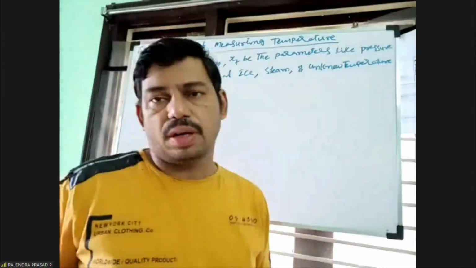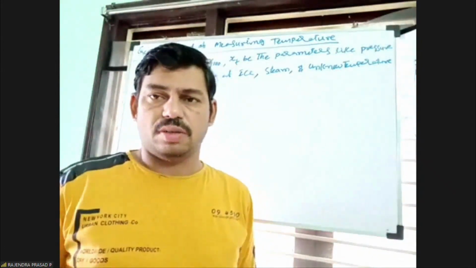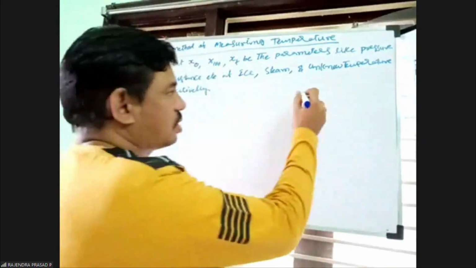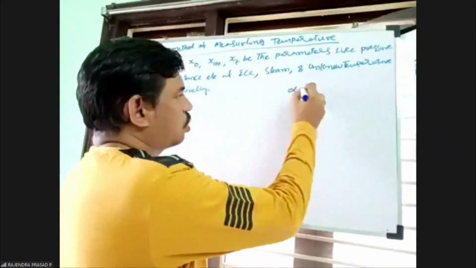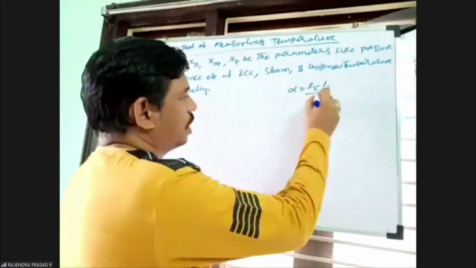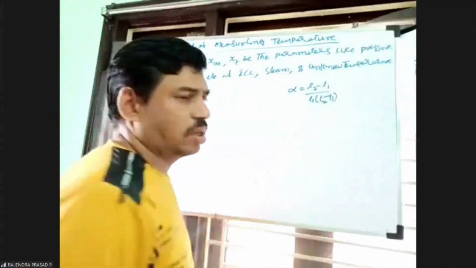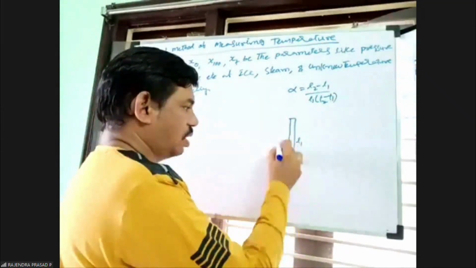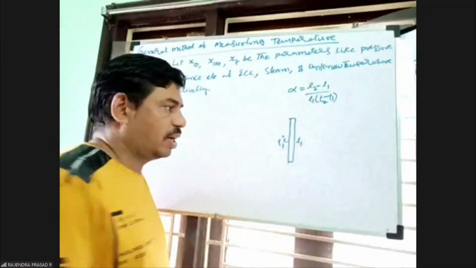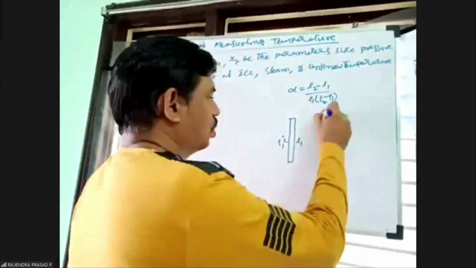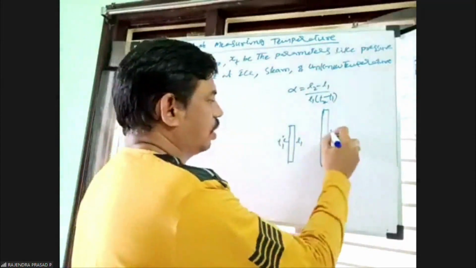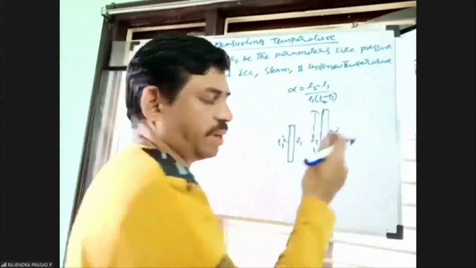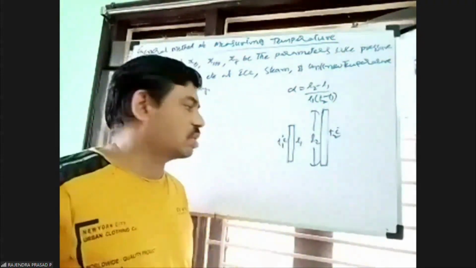Next subchapter this week: expansion of solids, liquids and gases. Starting with expansion of solids, alpha is equal to L2 minus L1 by L1 into T2 minus T1. How, sir? For example, this is a rod of length L1 at temperature T1. When the temperature increases from T1 to T2, the length also increases to L2.